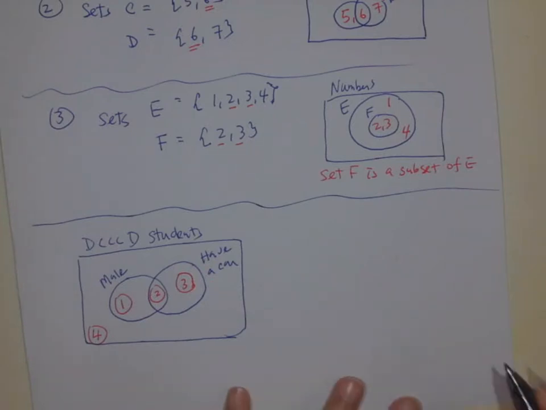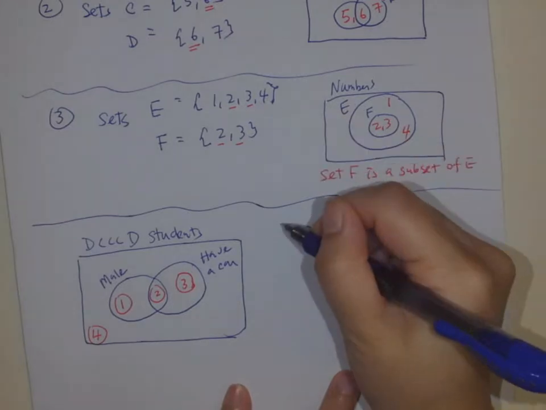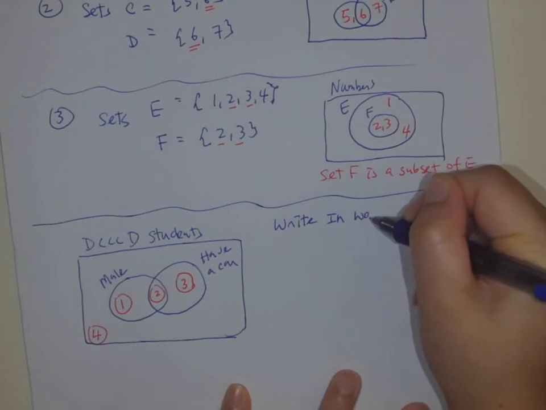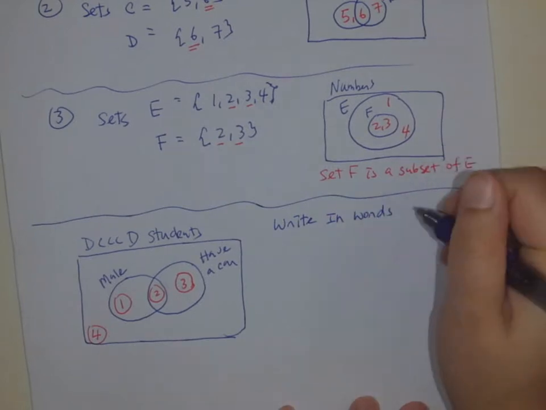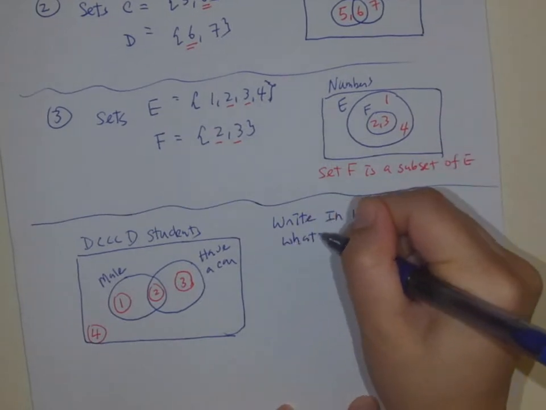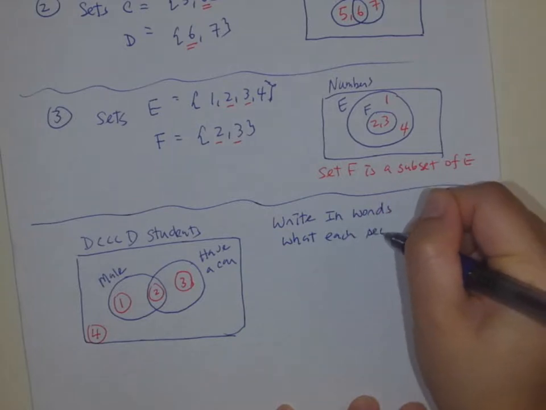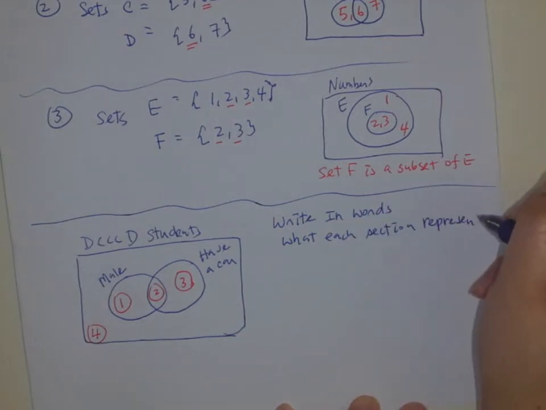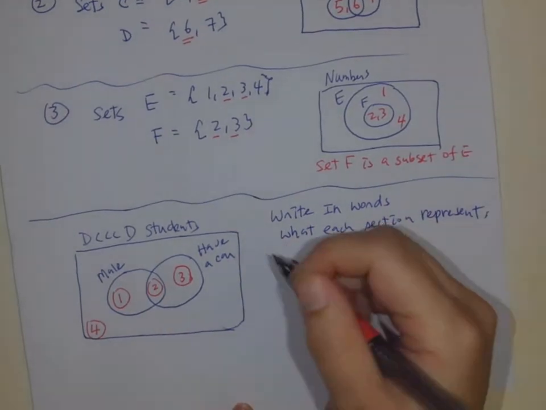So I'm going to ask you to write in words what each section represents. Okay, so we have 1, 2, 3, 4, right?